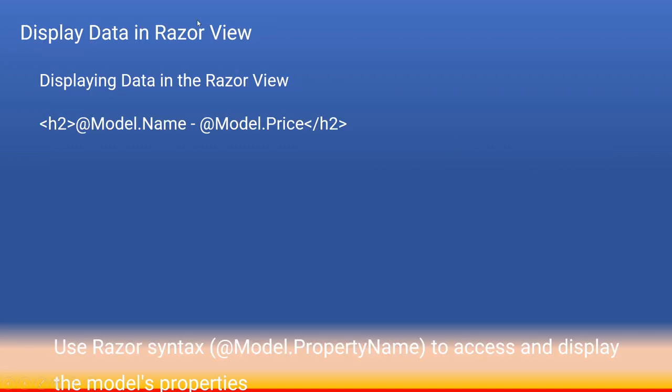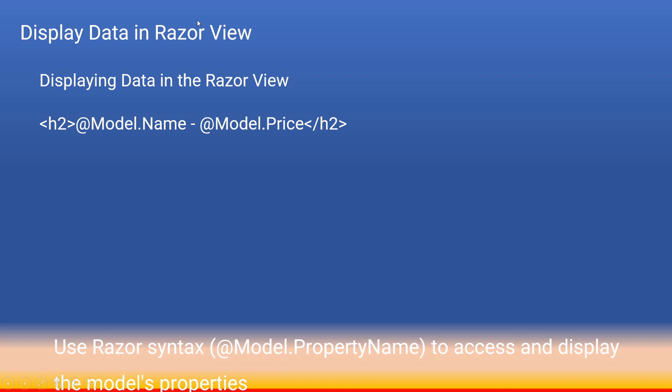Now that we have declared the model type in the view, we can access the properties of the model using Razor syntax. Razor syntax allows us to embed C# code directly into our HTML.